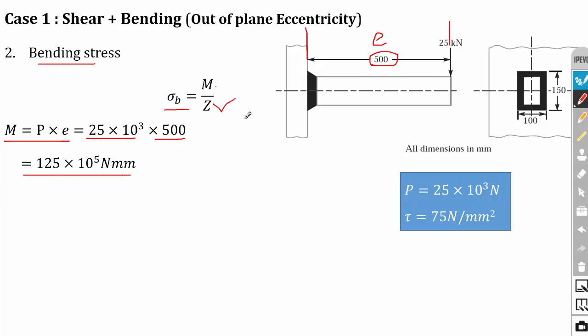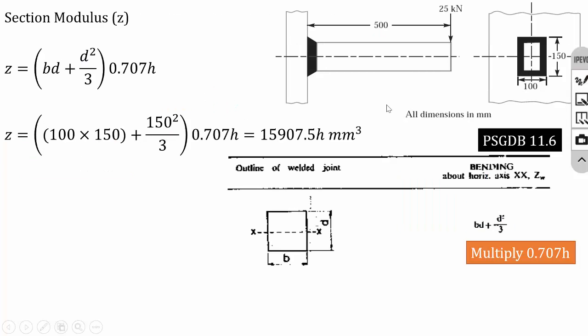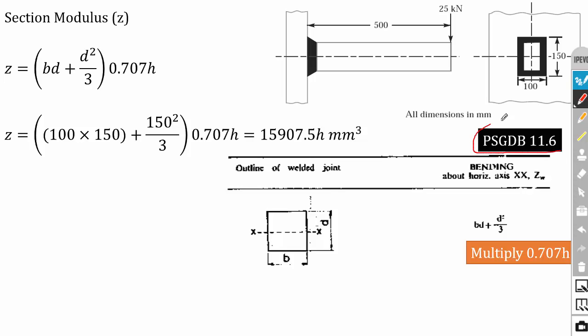Now we have to calculate the Z value. For selecting the Z equation, go to data book page number 11.6. So here the welding is a square one. You can refer the drawing from the data book. So here it is a square region. So X direction is B and Y direction is D. And in our problem, the B is 100.